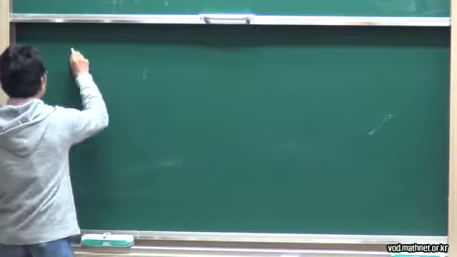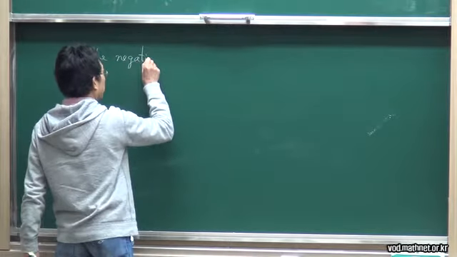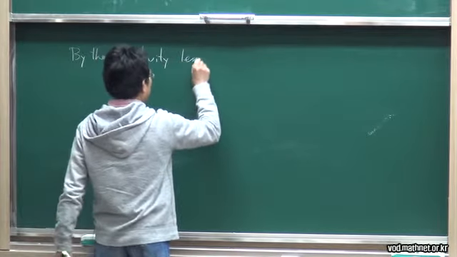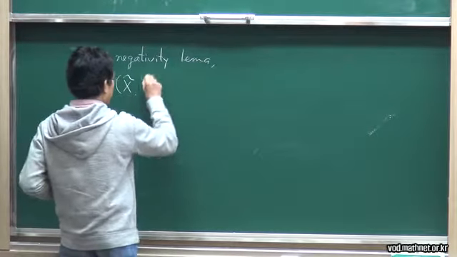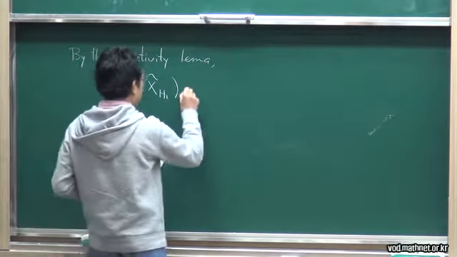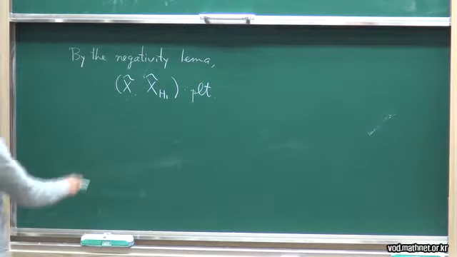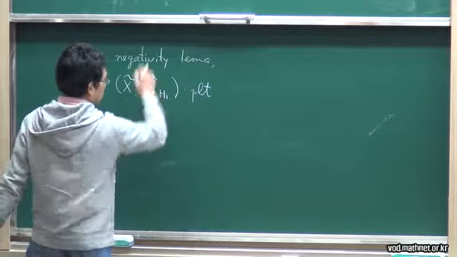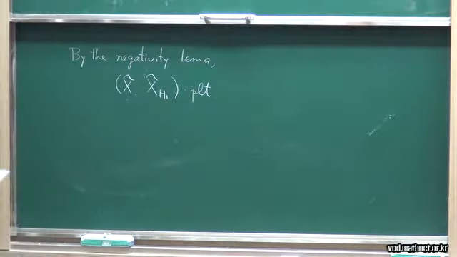Next step, by the negativity lemma, we can prove X tilde H1, this is a base change of X tilde by H1, is PLT. Okay. Yeah, the discrepancy of this pair is not smaller than this one, so PLT implies this one is also PLT.